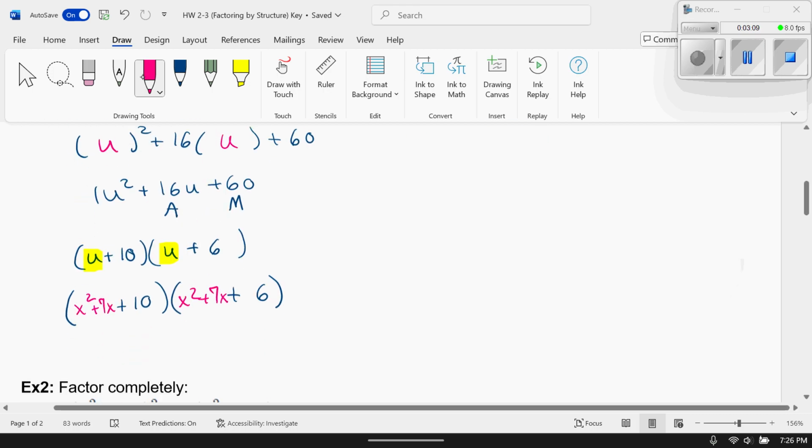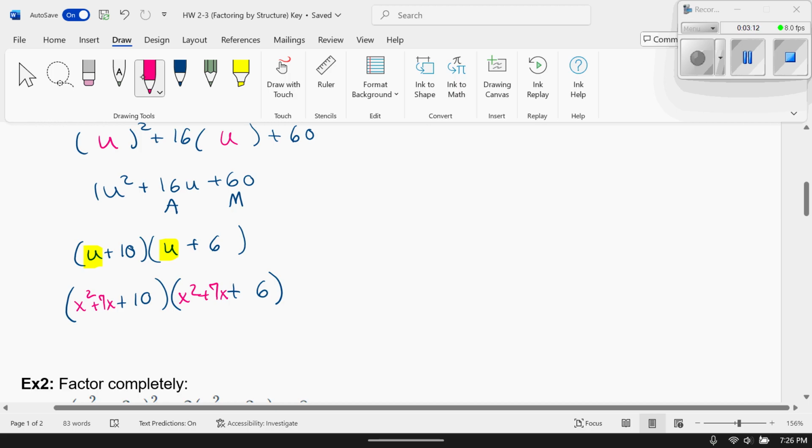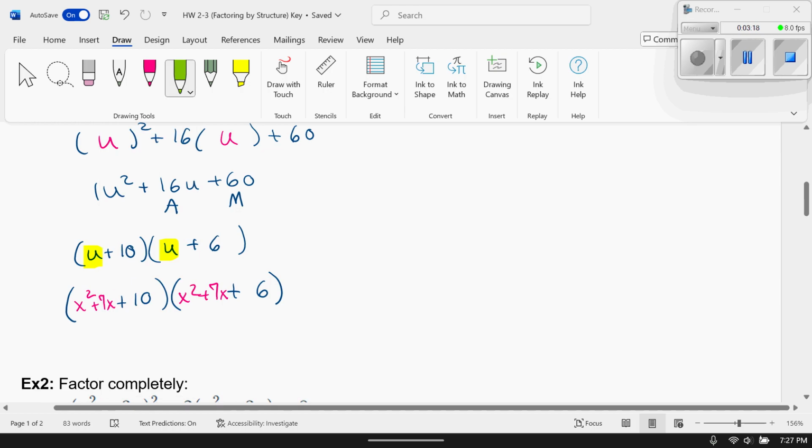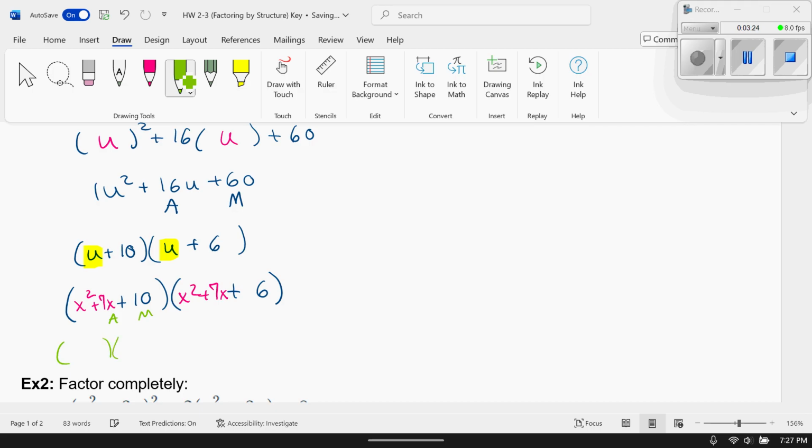Now that we actually factored, you need to see if you can factor any more. So now, as a final step, we have a trinomial here, which is the AM method. Two numbers that multiply to 10 and add to 7 are 5 and 2.